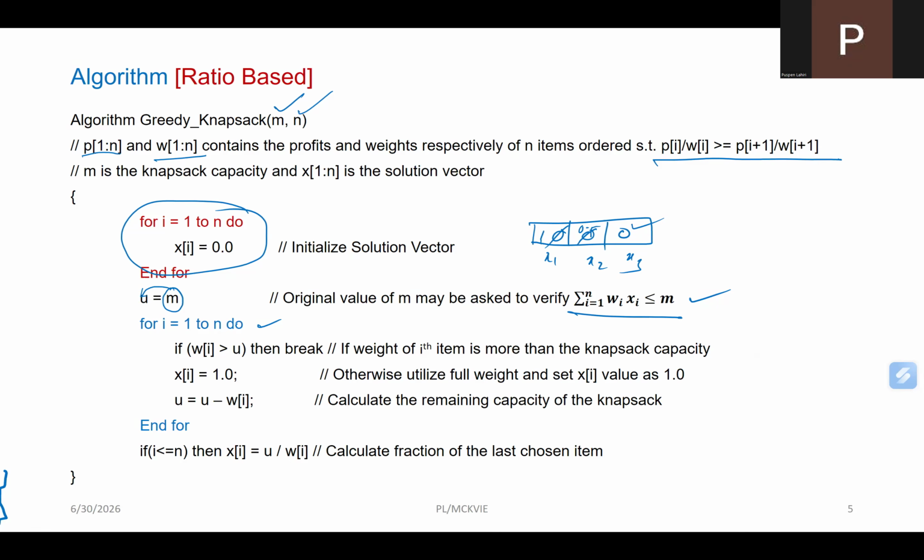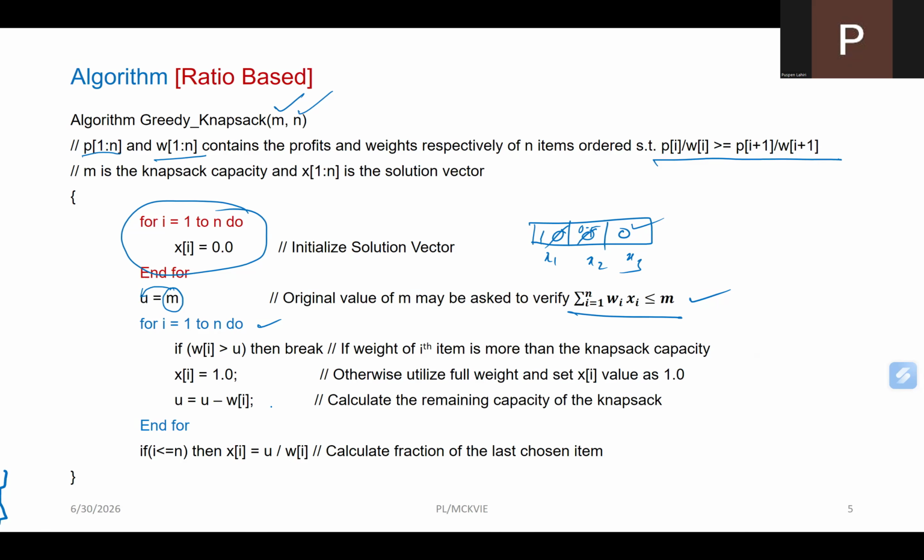Otherwise, if the capacity of the knapsack is greater than or equal to the weight of the currently selected item, then that item can be fully utilized. But if the weight of the ith item is greater than the remaining capacity, or even the initial full capacity of the knapsack, you are not supposed to utilize the full item.